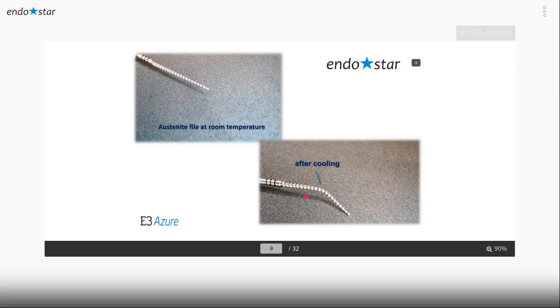So I did a reverse treatment, severe cooling at minus 100 degrees, using the Endo Ice for a specific time.